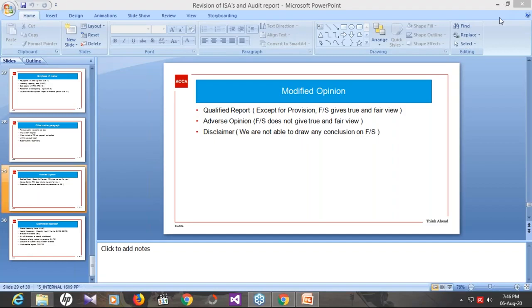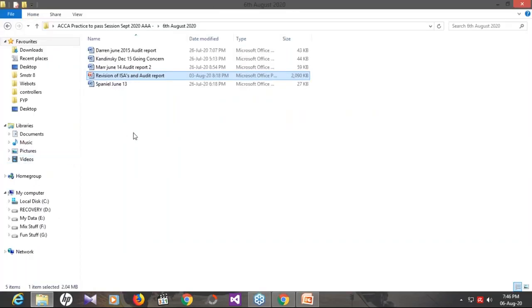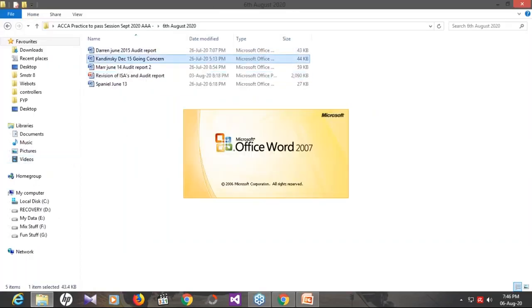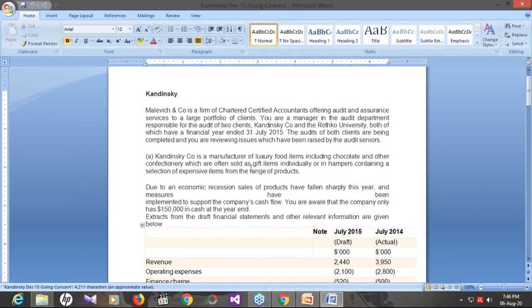You can see. So let's start from Kandinsky. This is a very important question. This is a question that is basically related to the going concern issue. This type of question has been assessed 2 to 3 times within 2 years by the examiner.